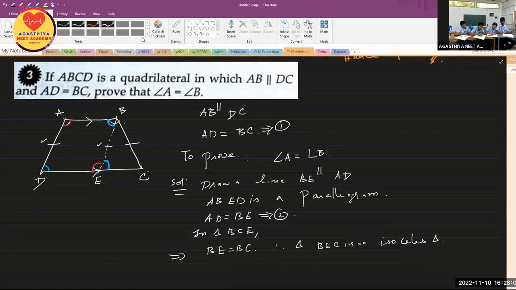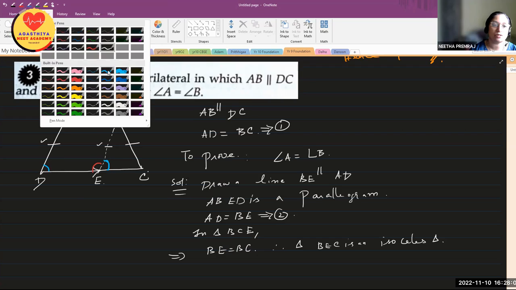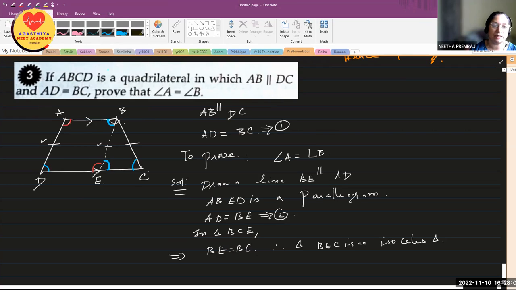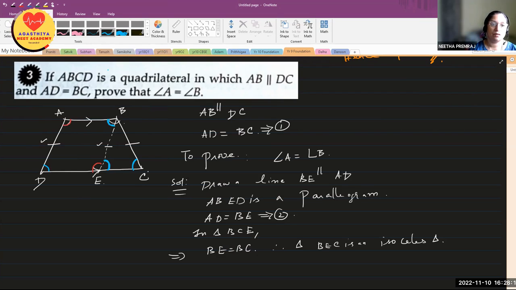So these two angles must be equal. In an isosceles triangle, these two are equal. Correct? This is also equal. So the question is what you have to prove. So this angle, this are equal, you know, and okay.